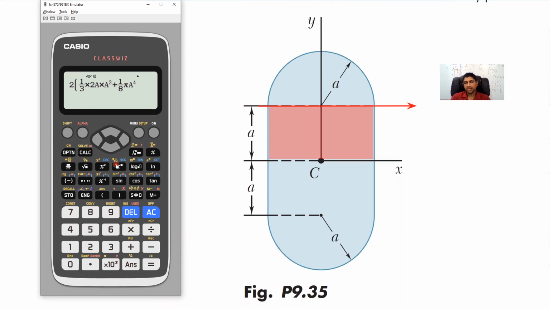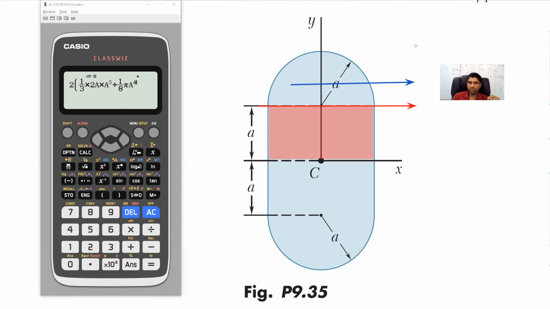Okay, but this is with respect to the red color axis. What we want is not the red color axis, but the black color axis, and we cannot directly move it. We have to go to the centroid, and from the centroid we bring it back to any other coordinate system. The centroid of the semicircle will be somewhere here. So we have to subtract A y bar squared from this value.